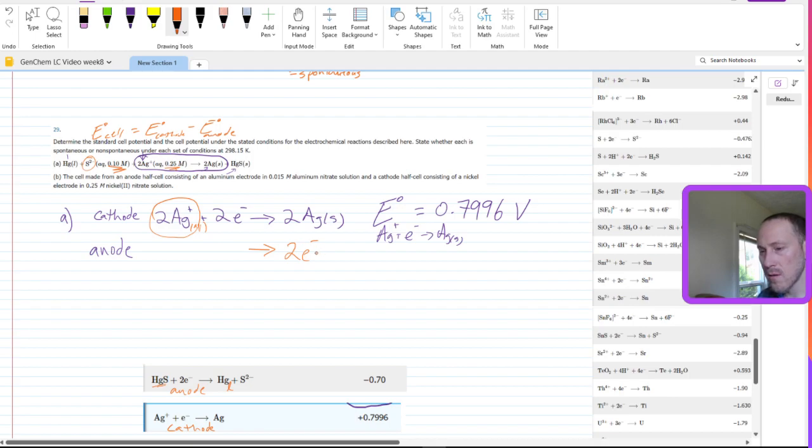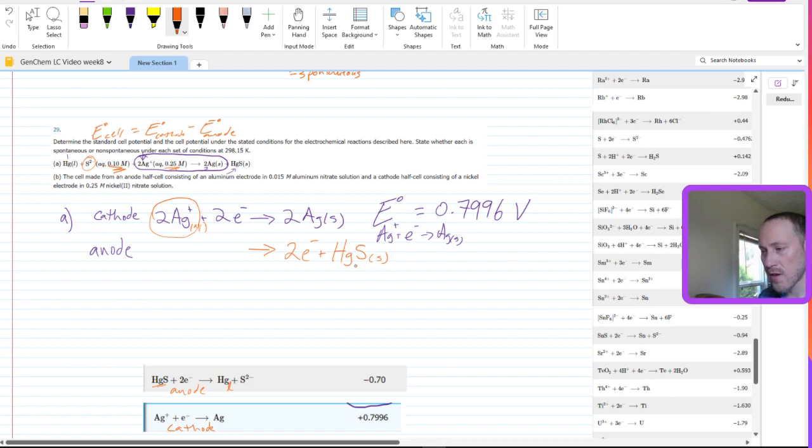And when it loses 2 electrons, it becomes this mercury sulfide, solid mercury sulfide.